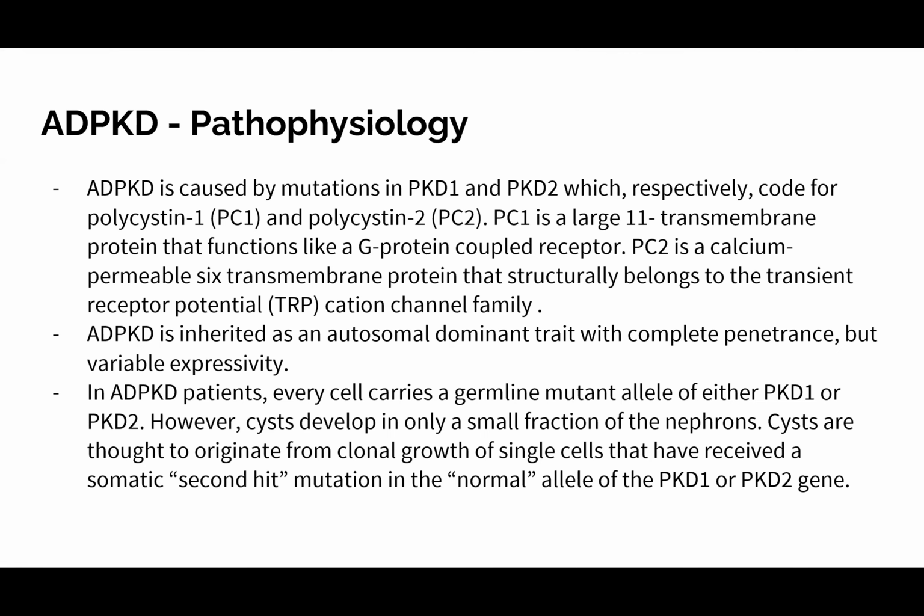Why? There is a normal allele there from the other parent. And if that allele also gets a hit due to somatic mutation, then there is a double hit: already there is a genetic one, and then a somatic second hit mutation, and naturally that particular nephron starts developing the cyst. That's the point they are trying to make.